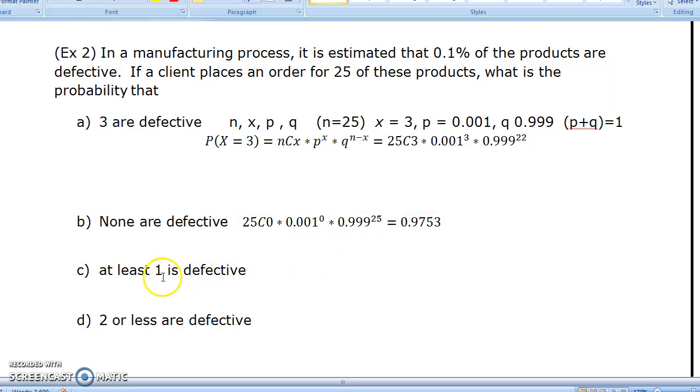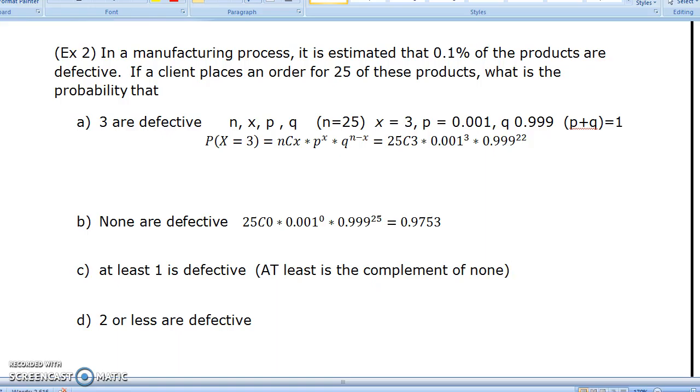Now, at least 1, remember, at least 1 is the complement of none, right? What is the opposite of none? Some. What does some mean? At least 1, right? So the opposite of none is at least 1.